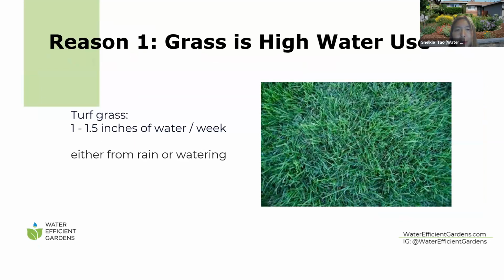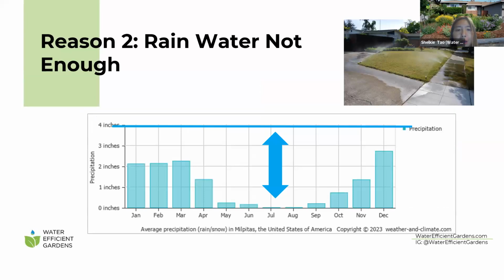That translates to about 4 to 5 inches of water every month. But here, in our climate, we just don't have that much water every month. As you can see, this is a precipitation chart for the city of Milpitas.